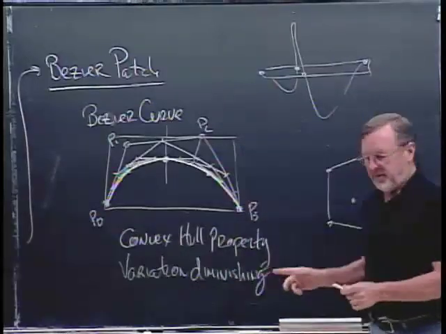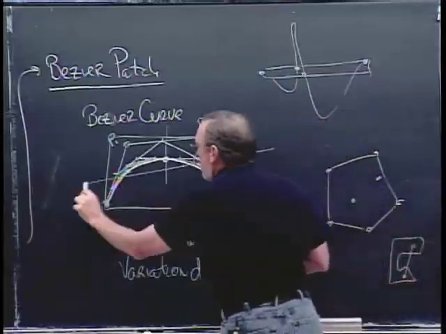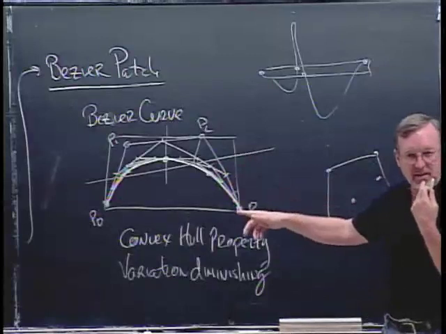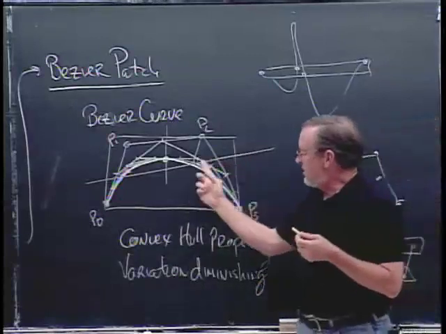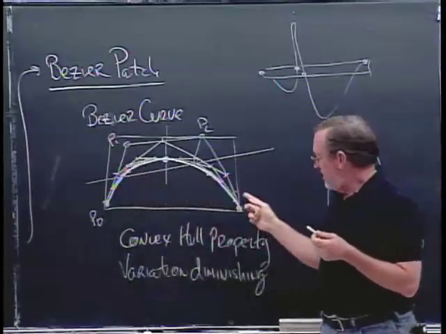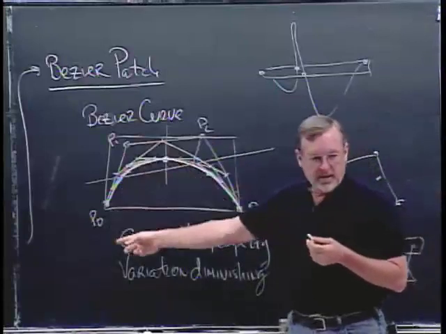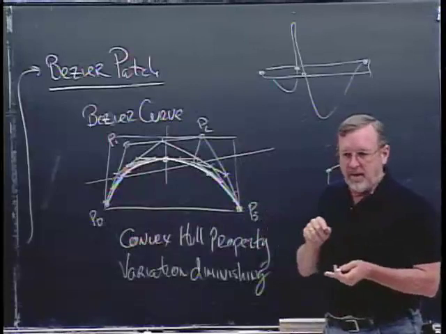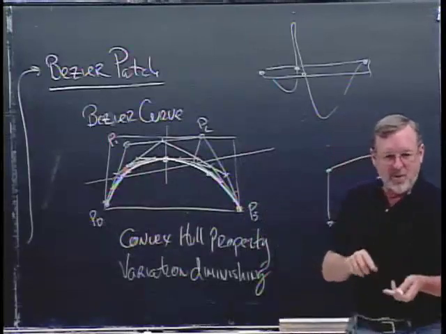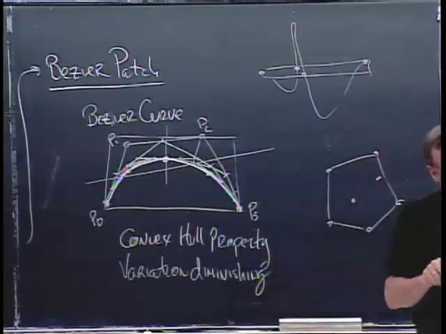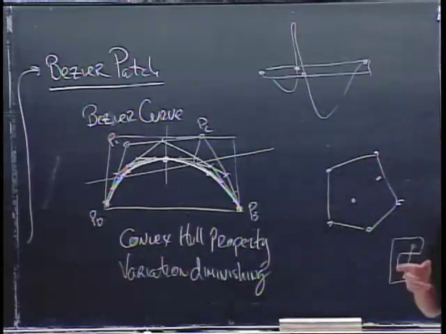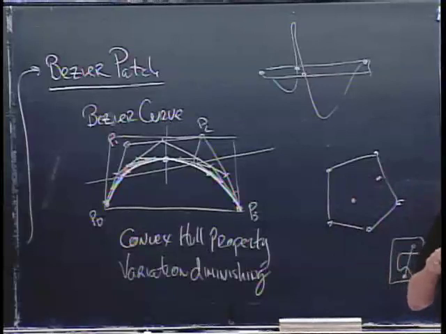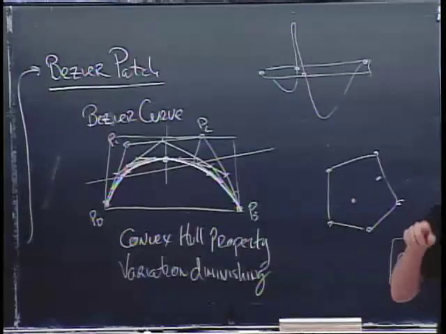Variation diminishing means this: if I run any line through here, and I count the number of times that this line intersects this initial polygon that I put in, it's guaranteed that it will not intersect the curve more than that. It intersects the curve less than or equal to the number of times it intersects that original polygon. And what that means with Bezier curves is they don't wiggle.